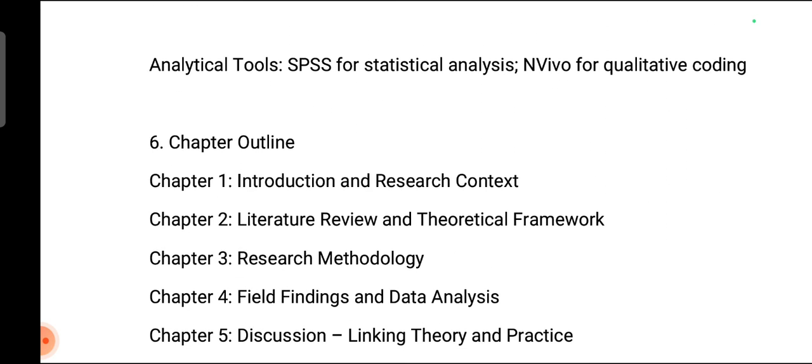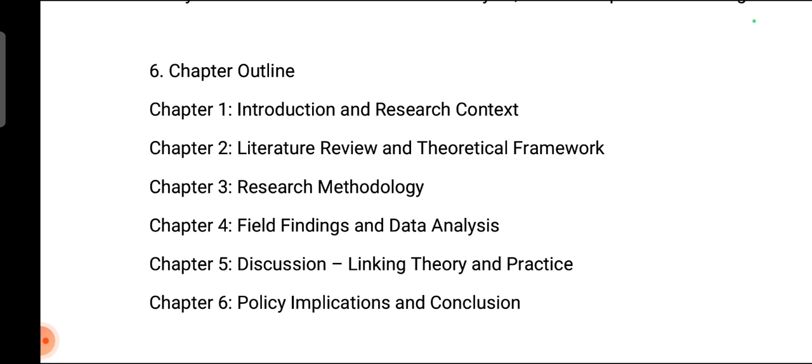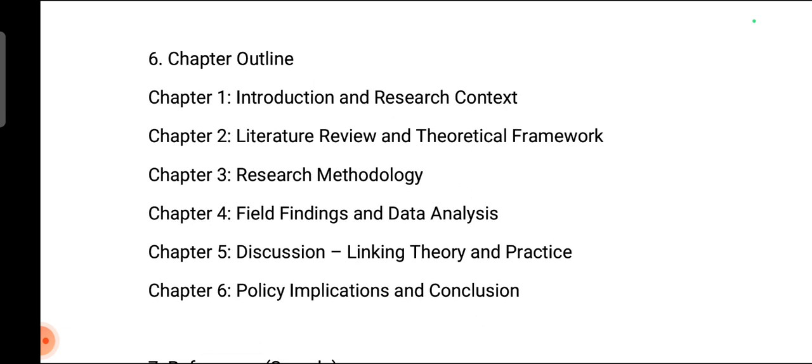Chapter outline, I have chosen Chapter 1, Introduction and Research Context. Chapter 2, Literature Review and Theoretical Framework. 3, Research Methodology. Chapter 4, Findings and Data Analysis. Chapter 5, Discussion, Linking Theory and Practices. Chapter 6, Policy Implications and Conclusions. Chapter 7, you all know that there will be no chapter 7, means there will be if you have chosen, but at last you need to write work citation or bibliography or references.